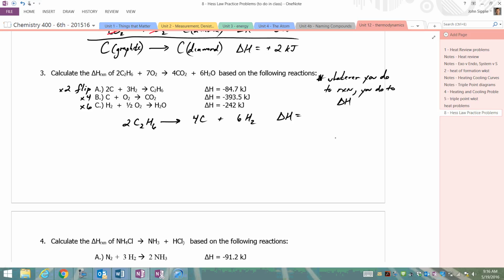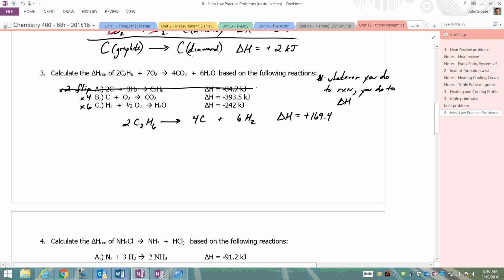So that's 169.4, right? Negative, or I'm sorry, positive. Is that correct? Okay. All right, so we got that one. So I'm going to put a line through it because we're done with it.